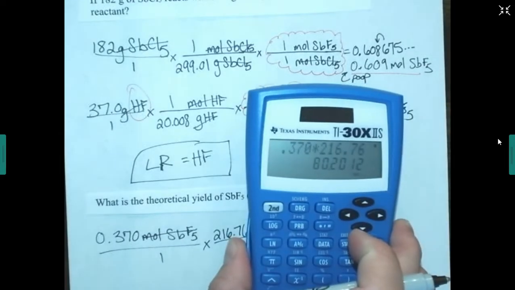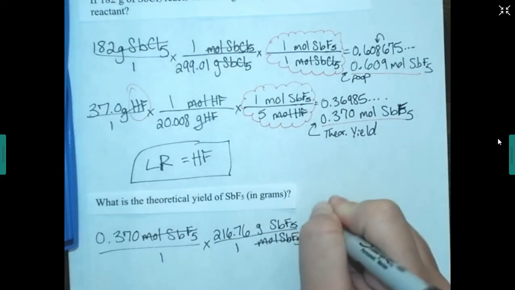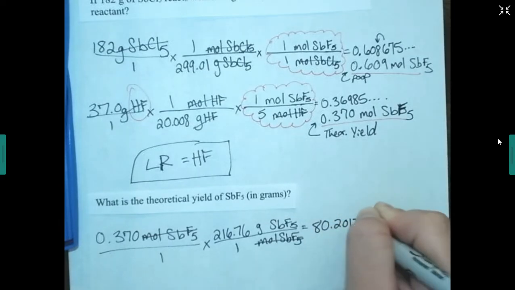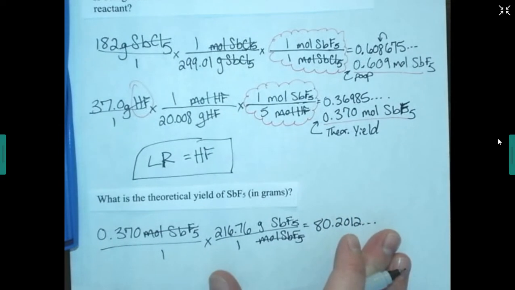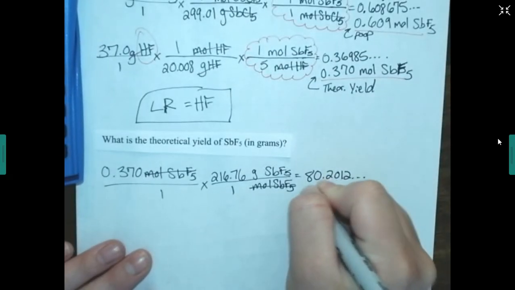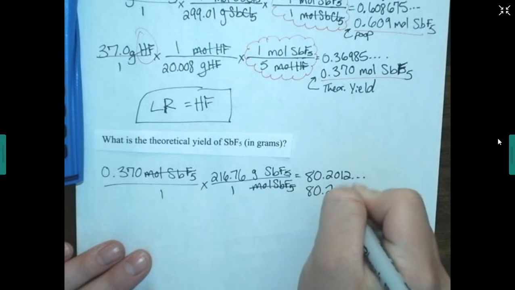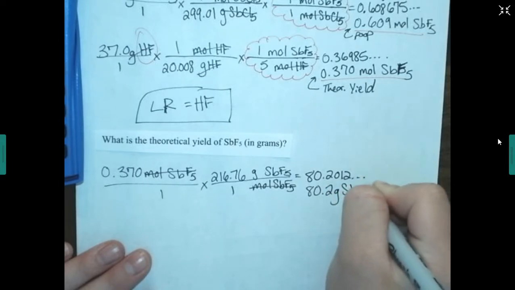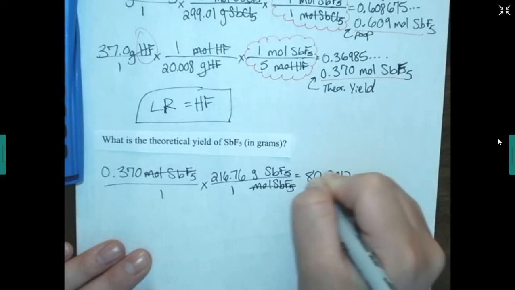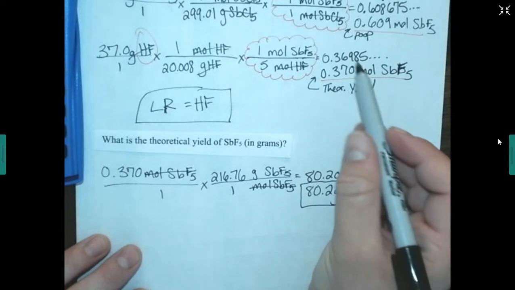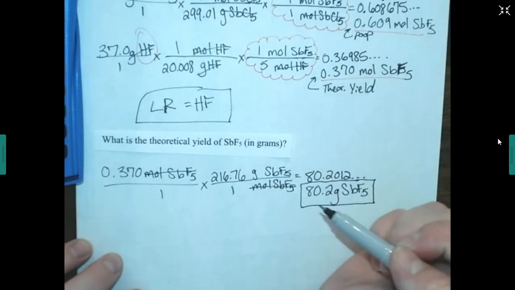And that's what I get, 80.22012. So if I'm going to round that to 3 sig figs, it's going to give me 80.2 grams SbF5. So that would be my theoretical yield in grams. Okay? So your theoretical yield is the smaller answer you get.